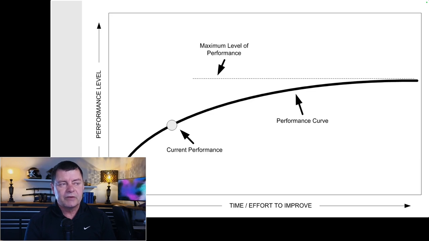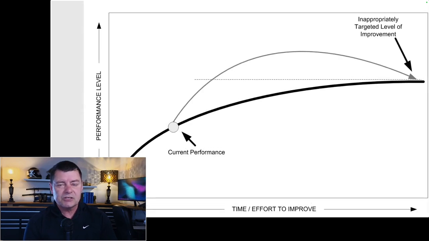The maximum level of performance attainable by the processes utilised in that organisation, let's just draw a line here hypothetically that indicates that it would be up there, right? And we've got this performance curve that increases over time, but you'll see the gains for the effort are much less over time, which is normal for a performance curve.